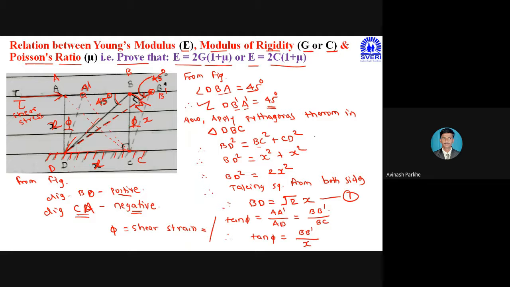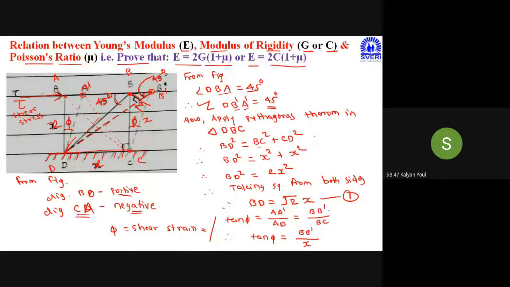I am not asking for the total length, only the change in length from the figure. B dash D is the total diagonal length. I am asking only for the change in length of the diagonal BD.